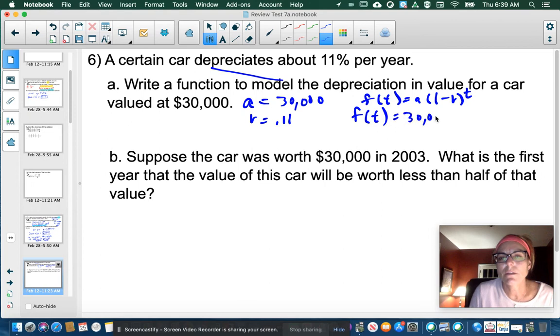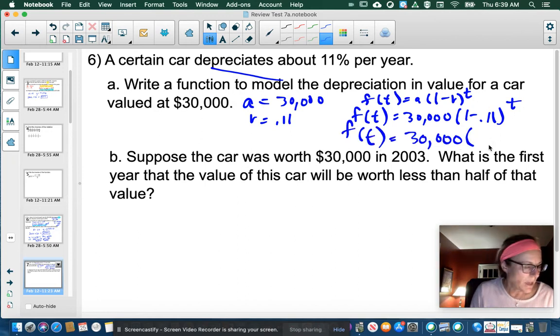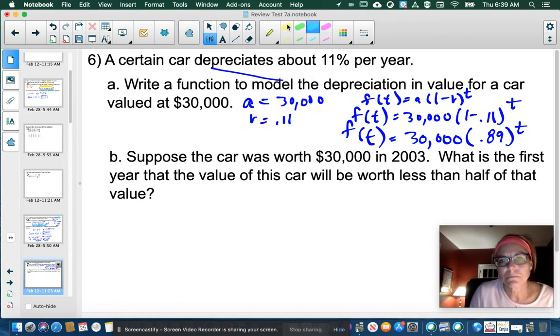So my model, 1 minus 0.11, and that is 0.89. Okay. There we go.